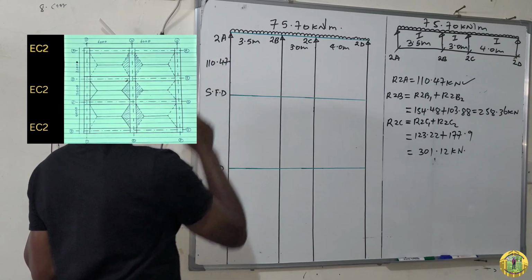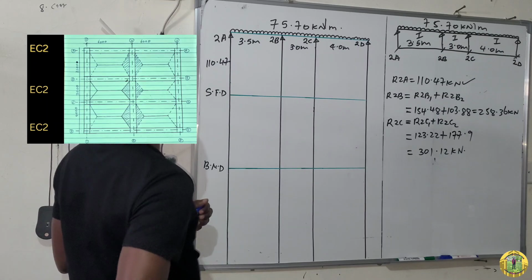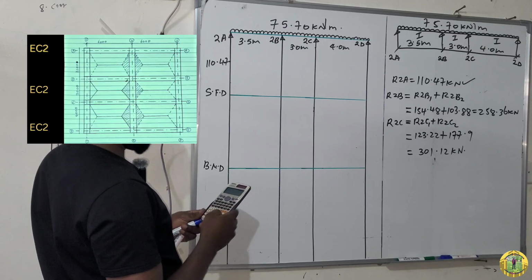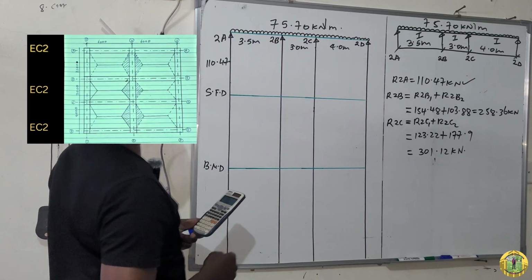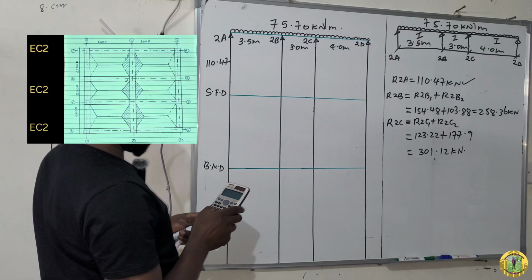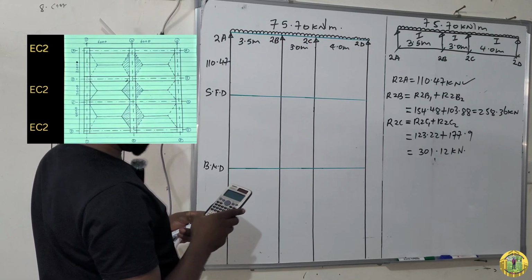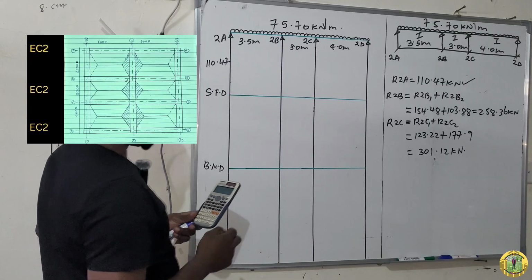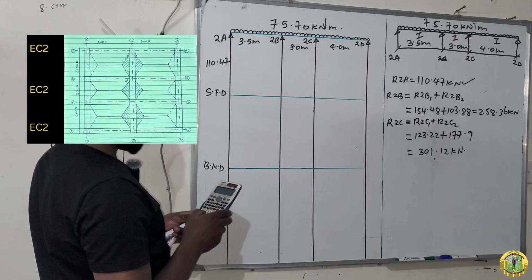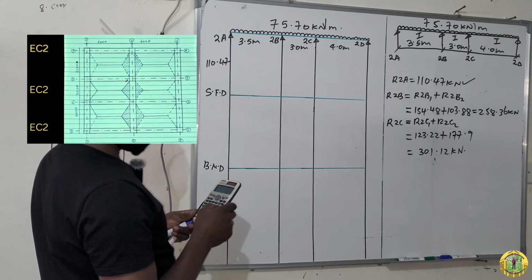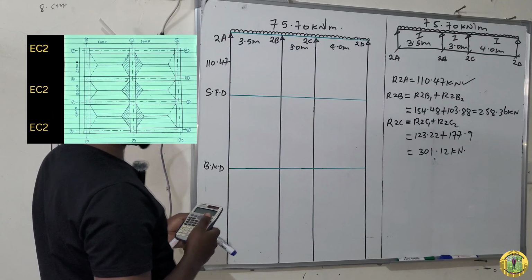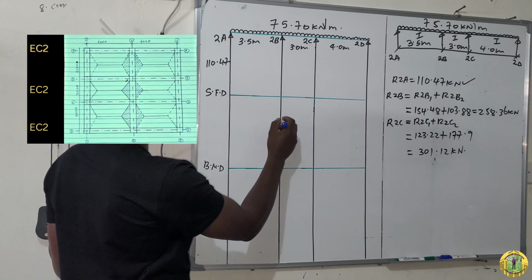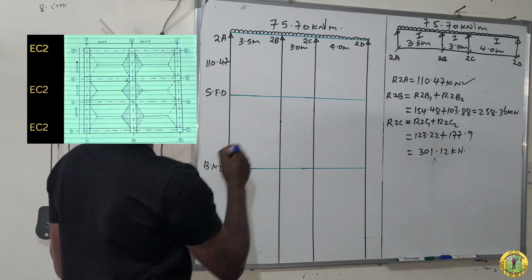Then you take your calculator: 110.47 minus the UDL on the beam, 75.70 changed to a point load, multiplied by 3.5. So you will get negative 154.48.